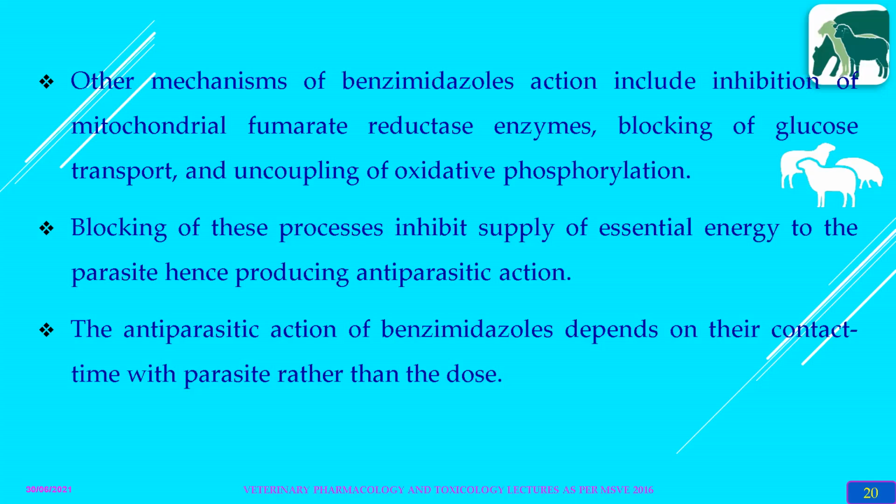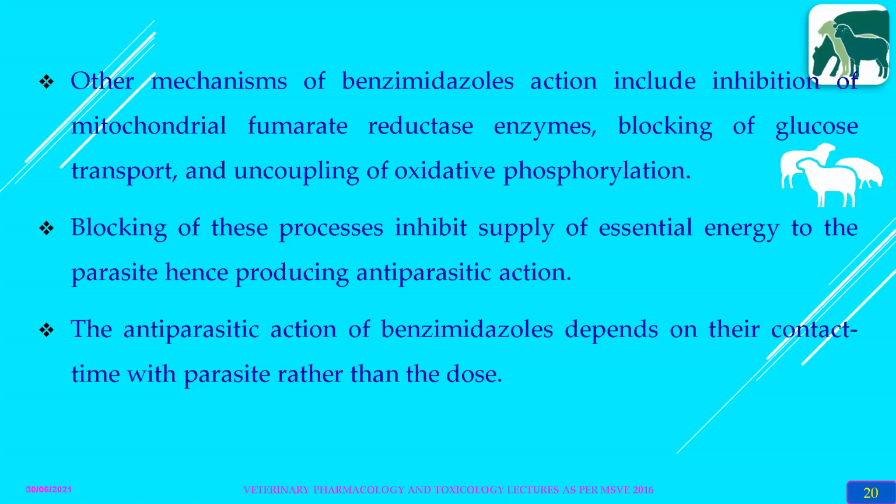Because of this, the parasite growth will be immediately inhibited, and the supply of energy to the parasites is hampered, producing anti-parasitic action. So the energy supplying mechanism will be hampered, and hence the parasite is going to die.